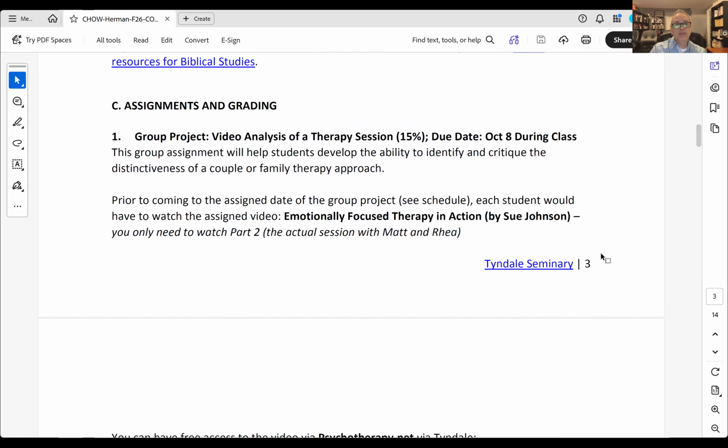Okay, page 3 of your syllabus. So this is your first project you'll be working on. This is a group project you'll be doing together as a group. You will not know your group members until the day of. I'm just going to assign you guys into a group, right? Because you don't need to work on this ahead of time.